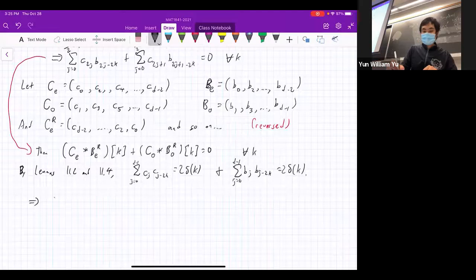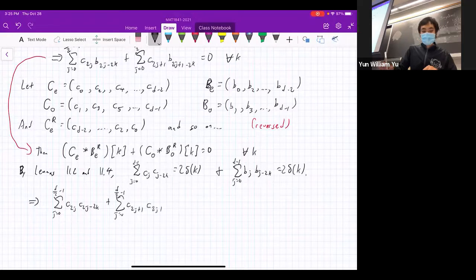And then that implies, well, we break these up in the same way: the sum from j equals 0 to d over 2 minus 1 of C_{2j minus 2k}, plus the sum from j equals 0 to d over 2 minus 1 of C_{2j plus 1 minus 2k}, is equal to 2 delta of k for all k.